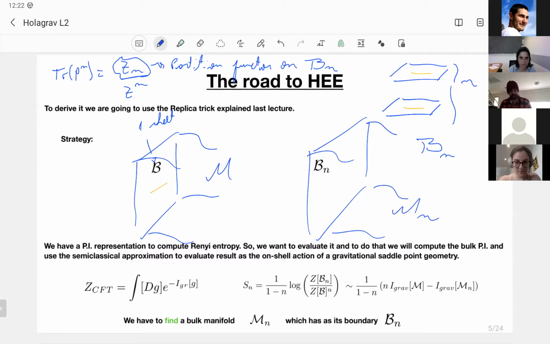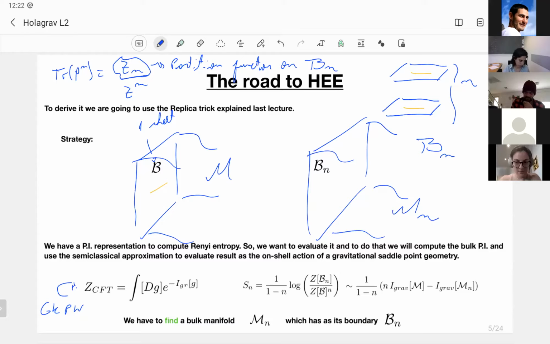And then the computation of the replica trick is easy because using the GKPW prescription, you know that the partition function of the field theory can be written in terms of the gravity action.